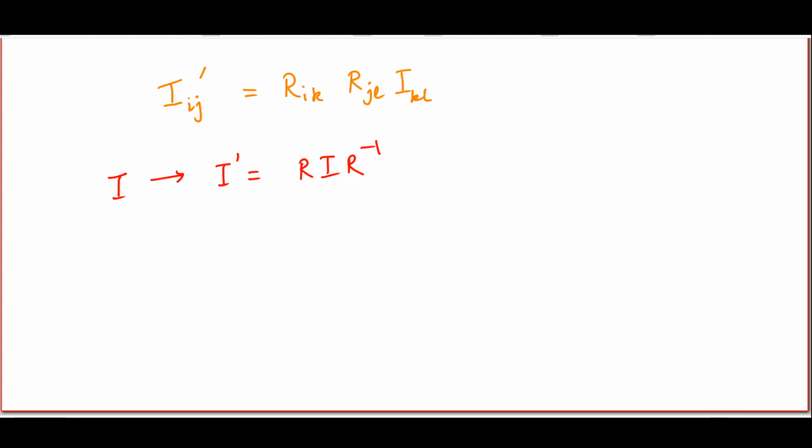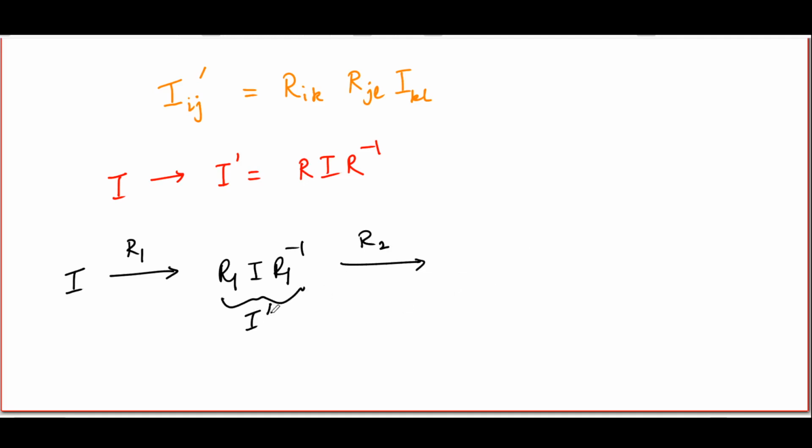So you are starting with the moment of inertia tensor written in the matrix form, I. Then you carry out a rotation R1 of coordinates. So I now becomes R1 I R1 inverse according to our standard rule here. After that, we carry out a further rotation R2. Now, this matrix I prime gets changed to R2 I prime R2 inverse.